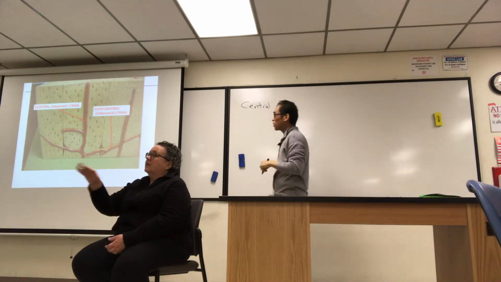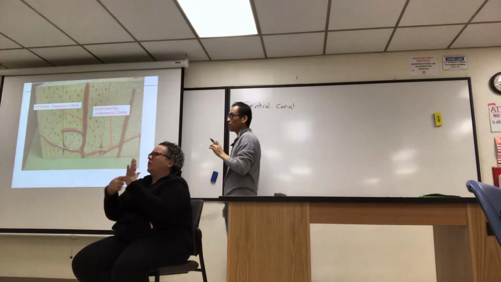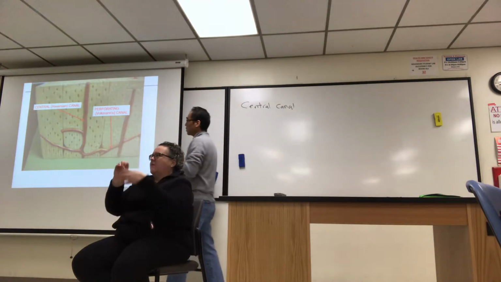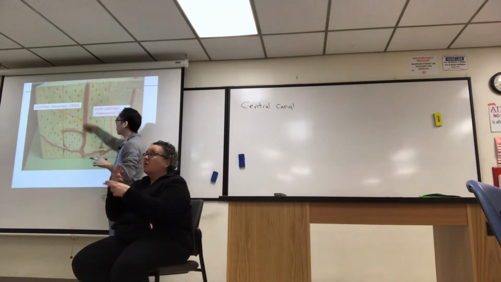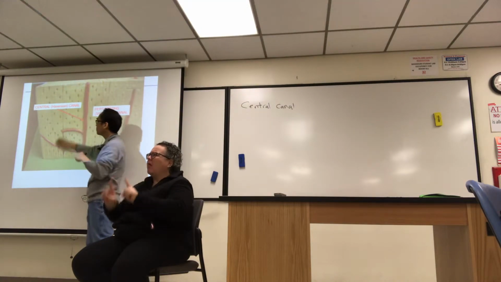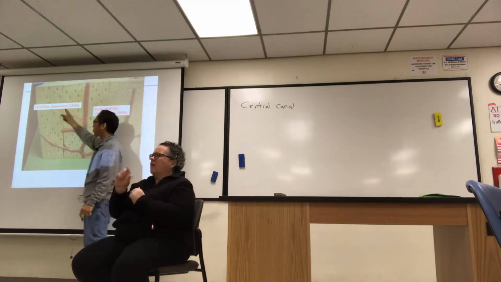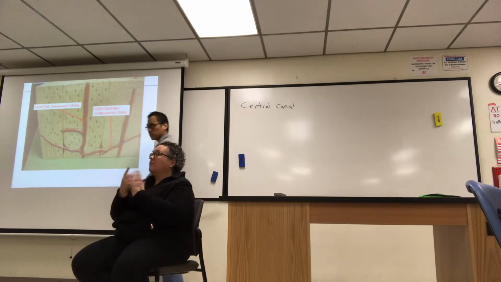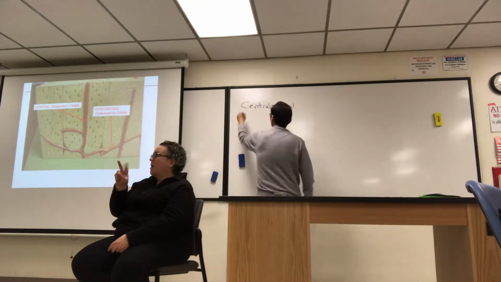The central canal, I already showed it to you. It's right in the middle of the osteon. But you can also call it the whole thing from top to bottom. See how it runs parallel with the column? Sometimes they refer to them as Haversian canals. So if you see that term, think central canal.